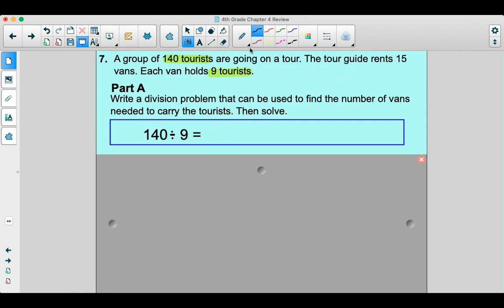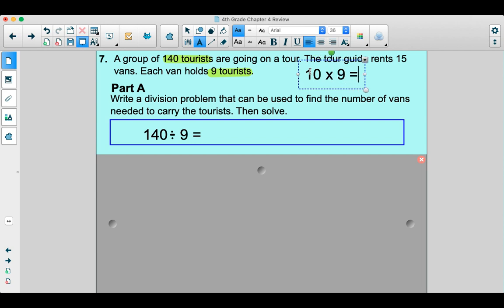So I'm going to use some multiplication to help me, I think. Let's see. Let's straighten that up a little bit. I'm going to start just making my division symbol. I'm going to copy that. Okay. So we've got 10 times 9 is 90.